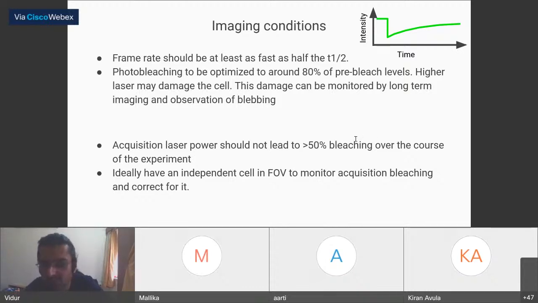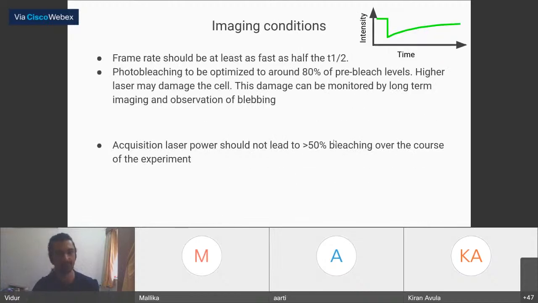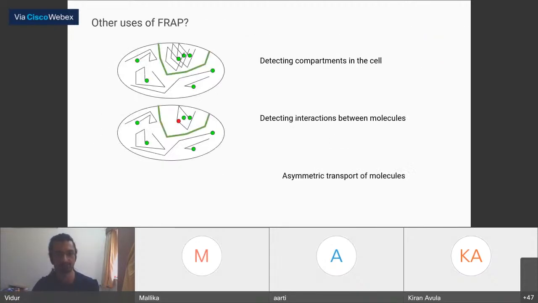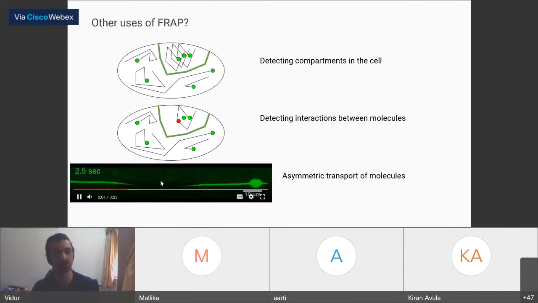Then the fourth question is, can you please elaborate how using FRAP you check asymmetric transport of molecules of your interest? Okay. I'll just go back to the movie for this. Generally, when most people are bleaching a cell, they will have a three-dimensional cell.